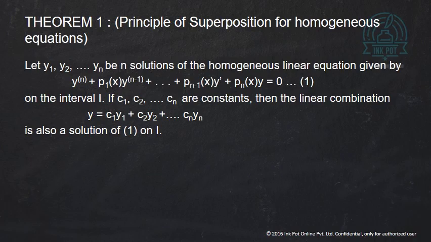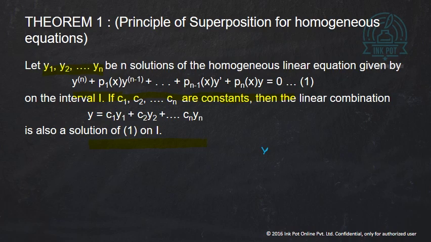It says that if y1, y2 till yn are n solutions of the homogeneous linear equation y^(n) plus p1(x) y^(n-1) plus up till p_{n-1}(x) y' plus p_n(x) y is equal to 0 on the interval I, and if c1, c2, cn are constants, then the linear combination y equal to c1 y1 plus c2 y2 plus up till cn yn is a solution of equation 1 on I.